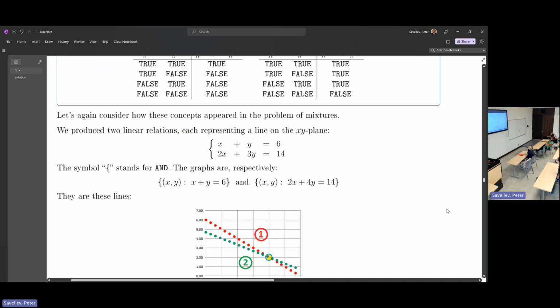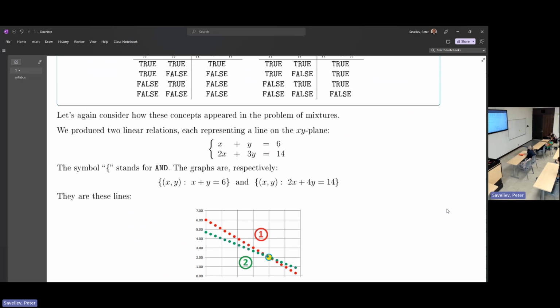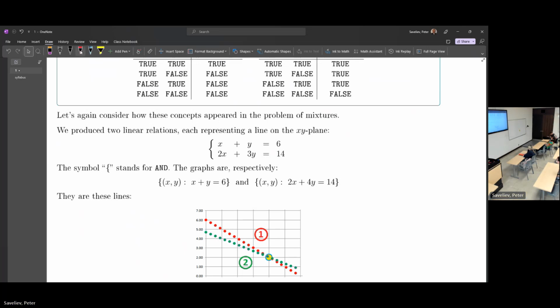This is what I mentioned a second ago: what if our sets are actually on the plane to begin with? The sets are on the plane, and then we have two equations of two variables to be satisfied, which means that the solution sets are in fact on the plane.